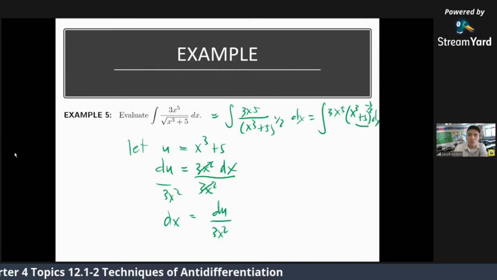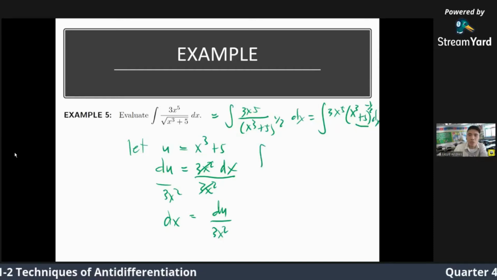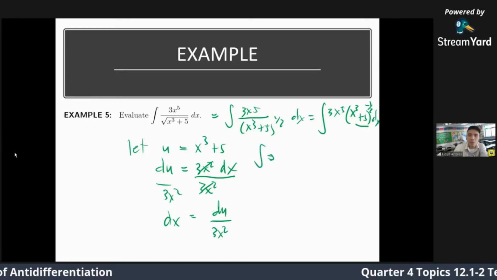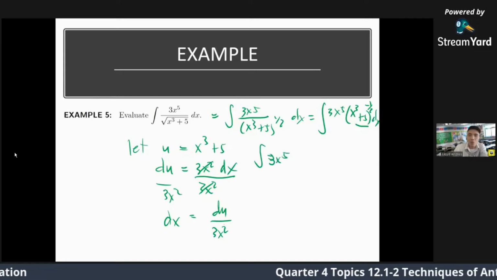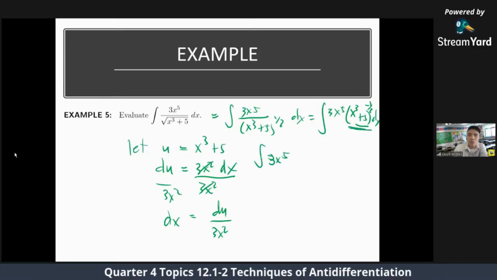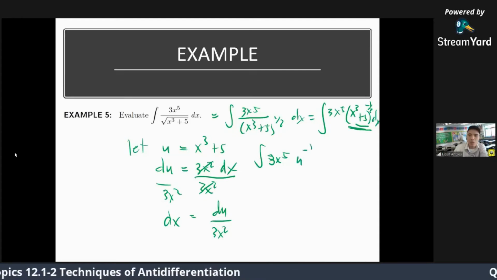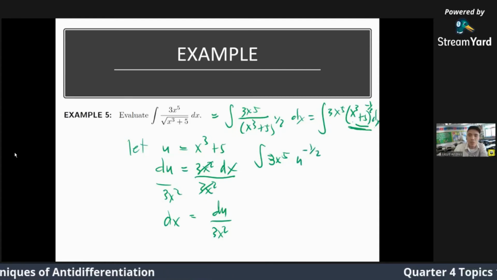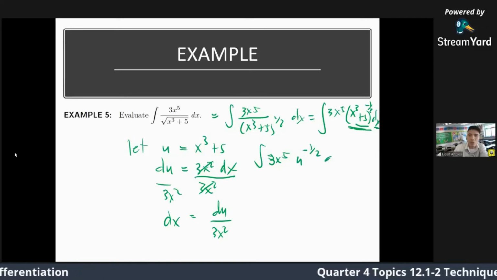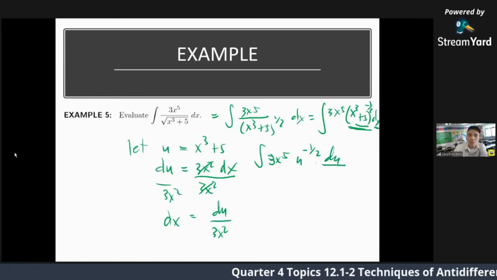So, substitute na ito karon. So, integral of copy lang si 3x raised to 5 while kani x cubed plus 5 becomes u raised to negative 1/2. Then ato ang dx becomes du over 3x squared.